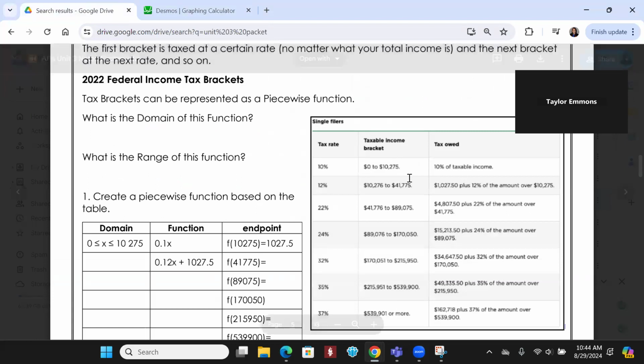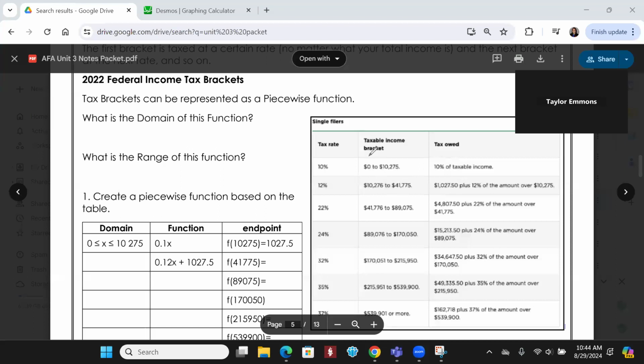So instead of 0 to 10,000, we're going to say 0 to 10.275. From the next one, we're going to do 10.276 to 41.775. Instead of doing them in thousands, we're going to do them in smaller increments so that we can actually see the piecewise function.